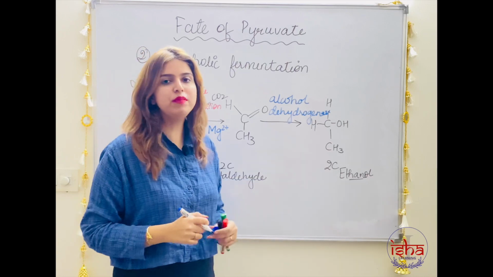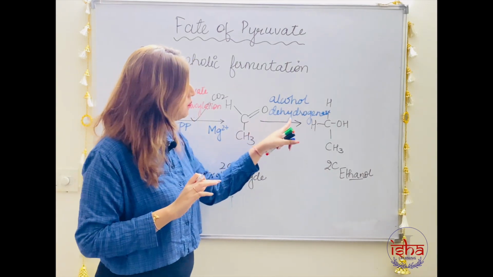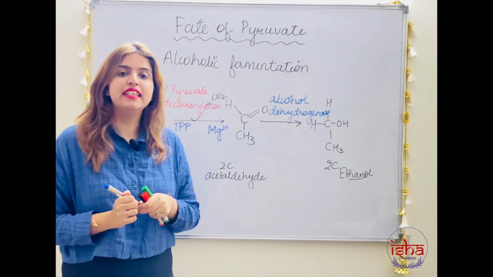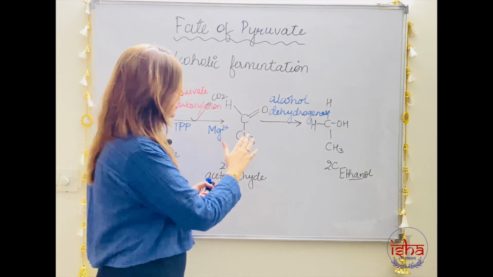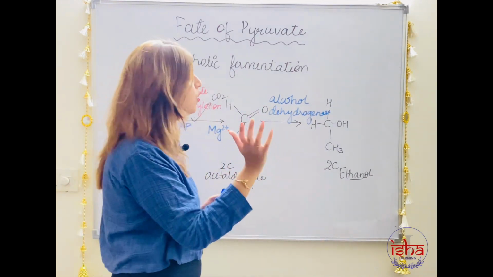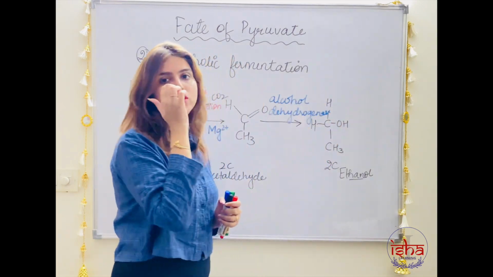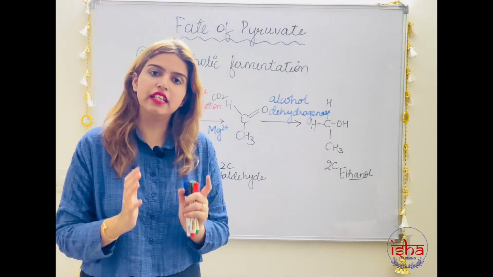What is being formed? Ethanol. Ethanol is what? It is alcohol, right? Now, what do you mean by dehydrogenase? It is a dehydrogenation reaction. Why? Because you see, here it is a ketone group that is being reduced to form an alcohol group. So, this is a reduction reaction or dehydrogenation reaction.